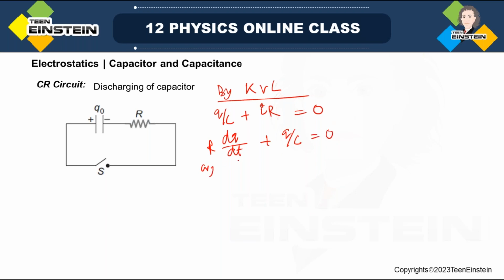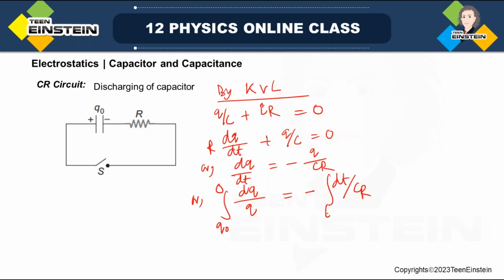So I can write dq by q equals minus dt by CR, and just do the integration. Initially it was q0, finally it will be 0, and t goes from 0 to t. So this is the limit we need to take.